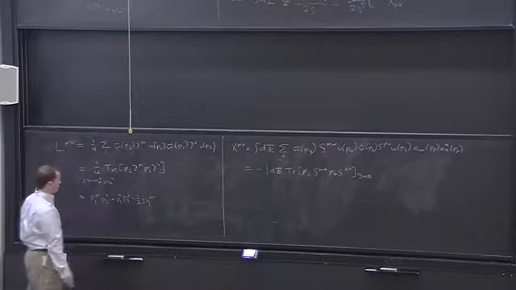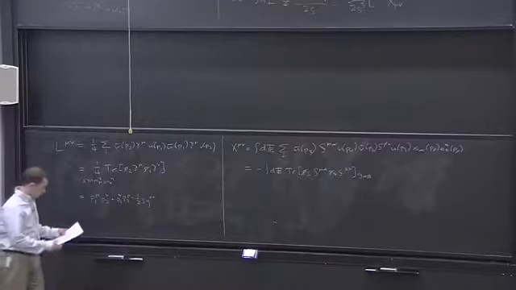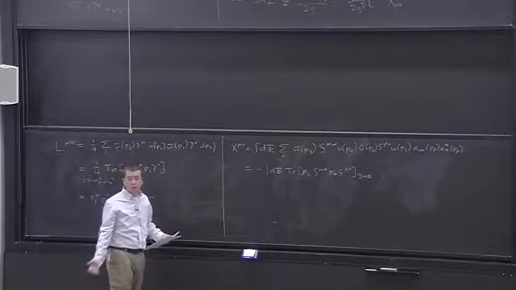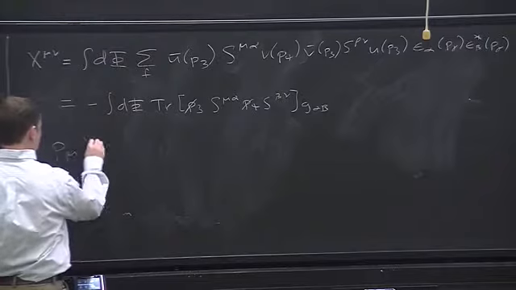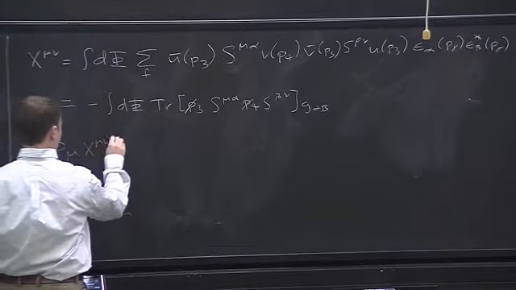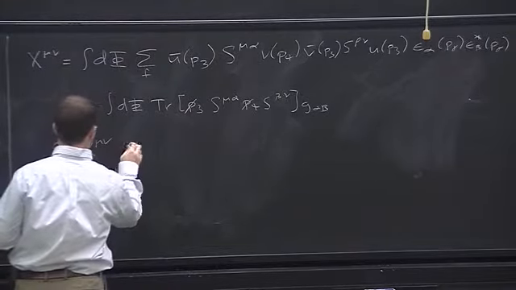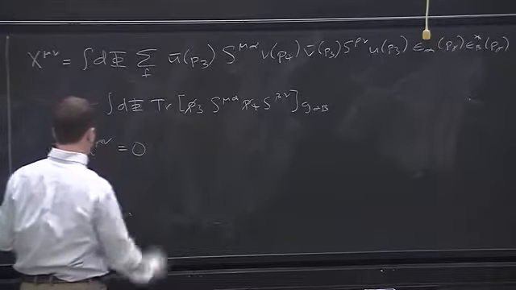So fortunately, we can simplify things a lot by, again, noting that the Ward identity holds off shell. So that implies that p mu X mu nu is 0.